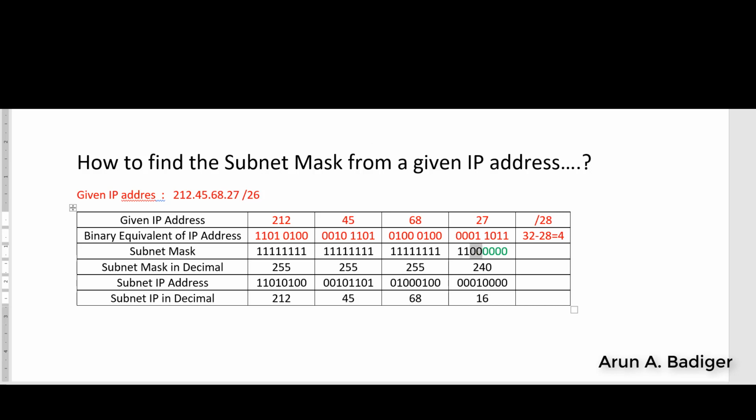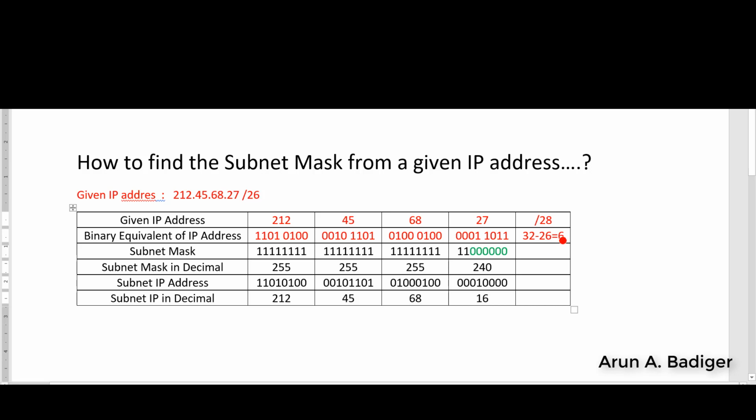So these two should be highlighted as green now. As it is 26, a total of 26 ones will be there, and the remaining 32 minus 26 will give you 6, right?